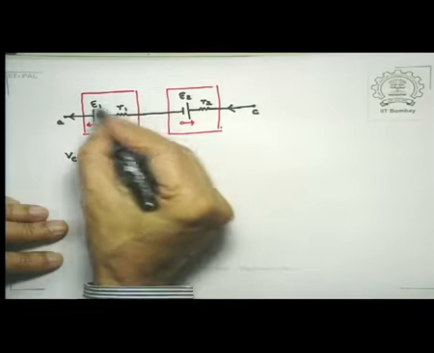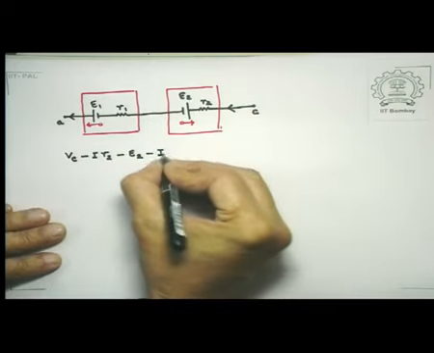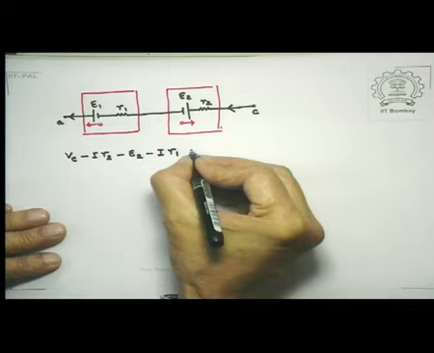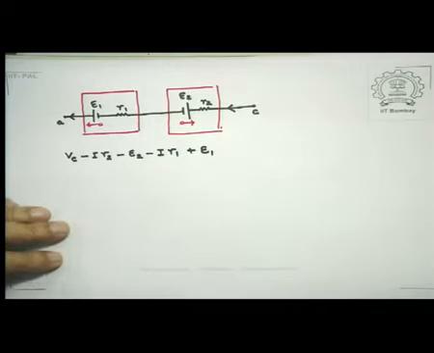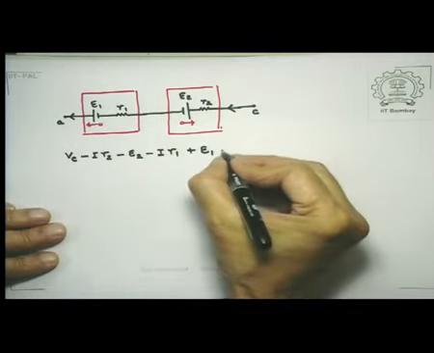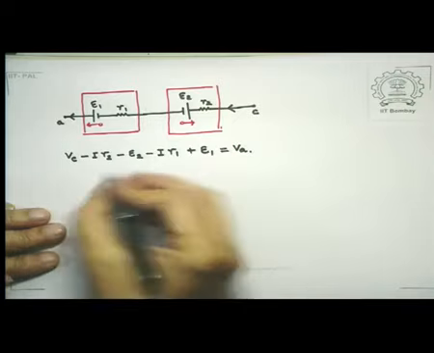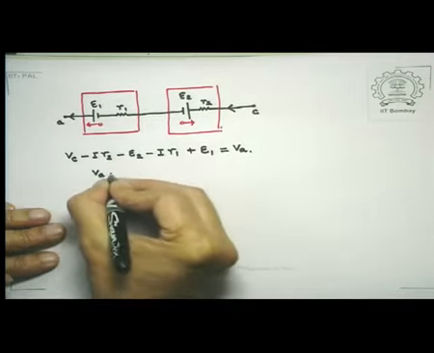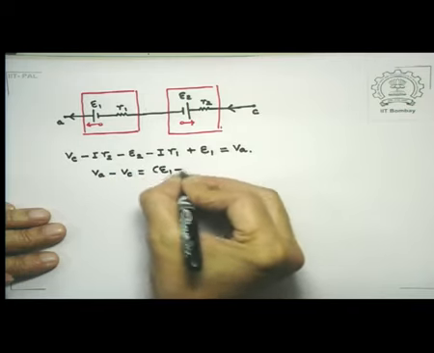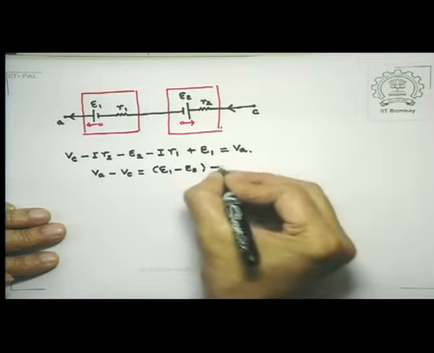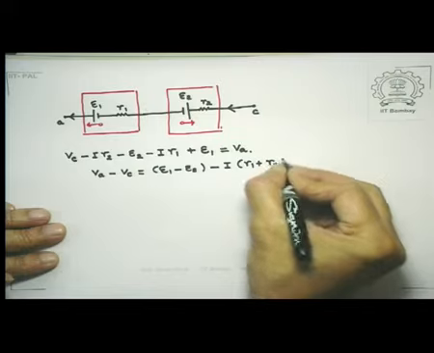Once again, when I enter the next seat of EMF, I have a minus I times R1, but this time I have a plus E1, because I am going from the negative terminal to the positive terminal, and I reach the point A. So this is equal to V of A. So this tells me that V of A minus V of C is equal to E1 minus E2 minus I times (R1 plus R2).